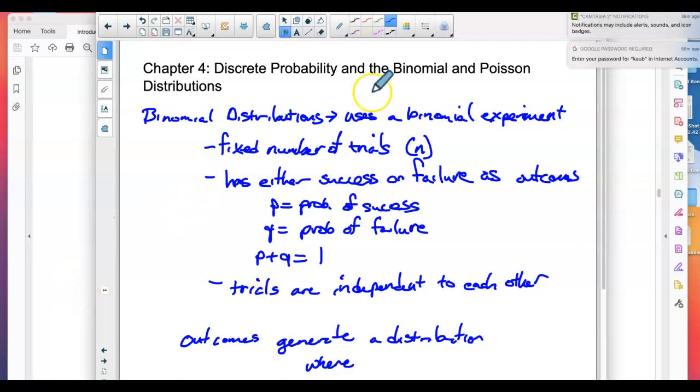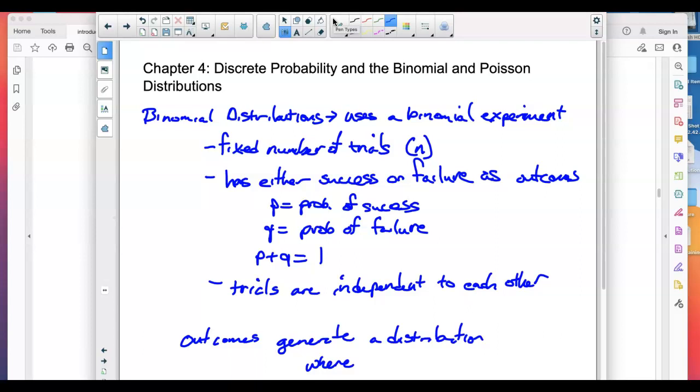Hello, and in this video we're going to talk about the rest of chapter 4, which deals with discrete or binomial and Poisson distributions. All right, so let's define what those are first of all. Those are going to be probability distributions, just like the discrete probability distributions earlier, but they're going to have a certain type of distribution.